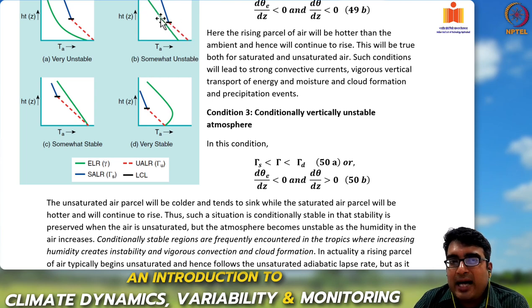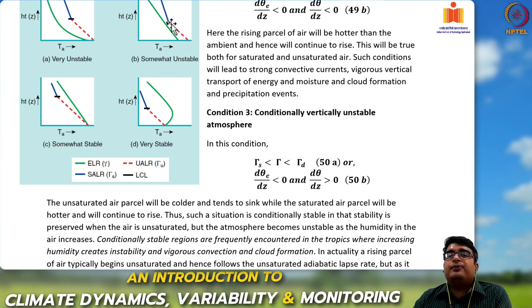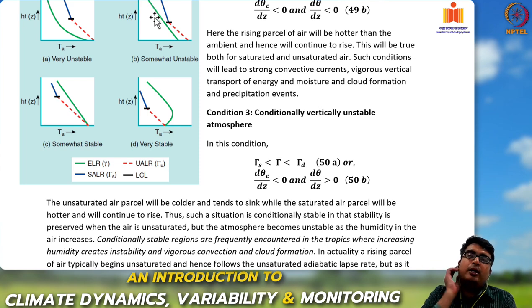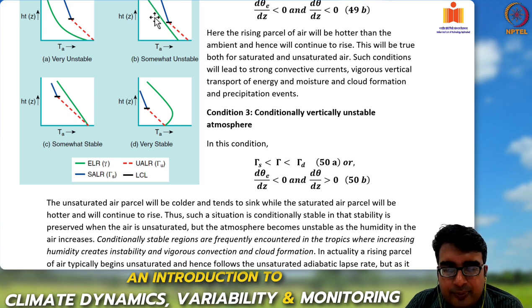So the red slope is higher than the green slope. So if this transition point, the lifting condensation level, was higher up, then this could have reached a stable point where the parcel temperature is actually lower than the surrounding temperature. Okay. So this is somewhat unstable.